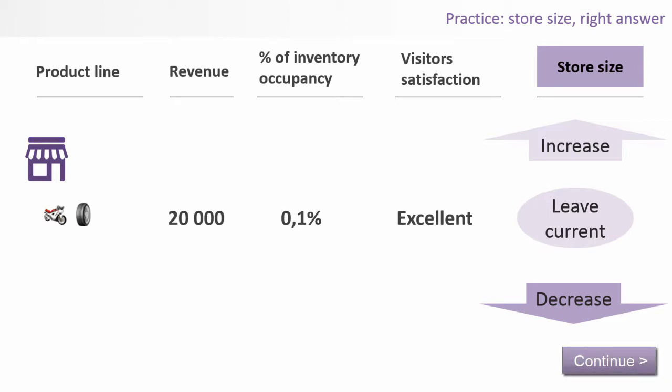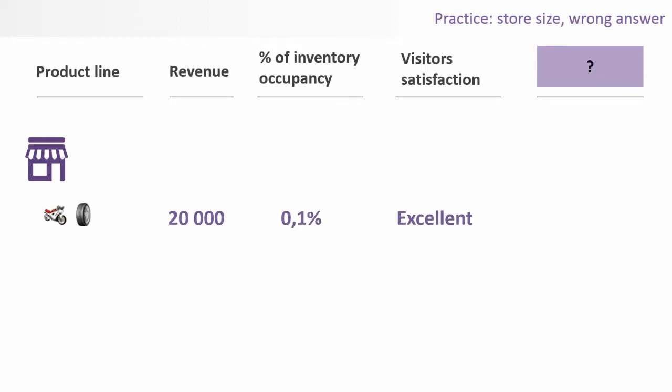Or you can increase the range of products. Your answer is incorrect. The existing area of the store is obviously extensive. One solution would be to increase the range of products, but at the moment we're talking only about the size of the store. So taking the existing product line into account, please try again.